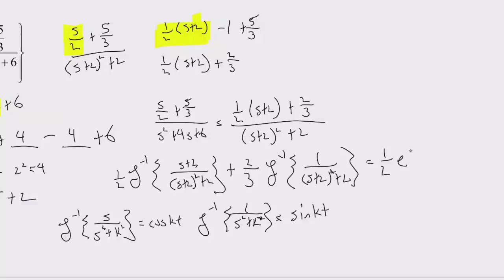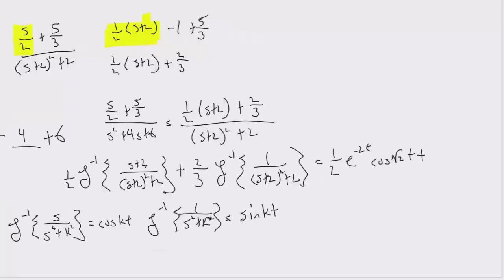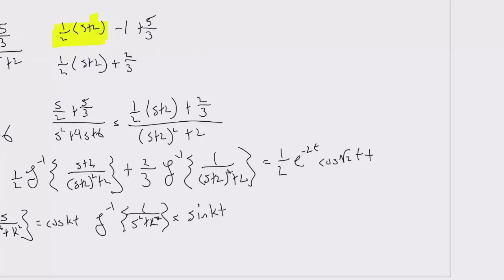And then the k in this case is in the 2's position, so what do I square to get 2? I must have squared the square root of 2. So that would be cosine of square root of 2 t, plus, and then we have the 2/3.